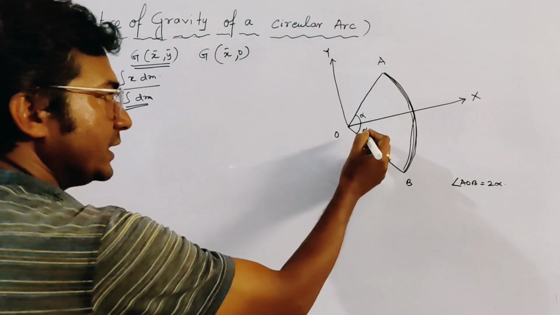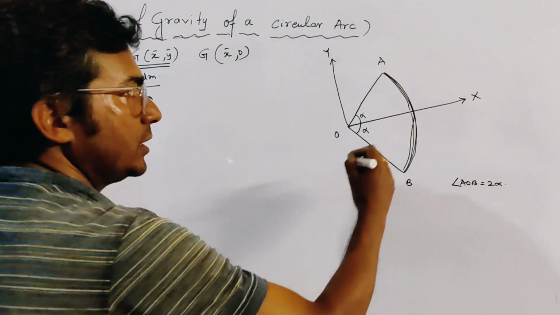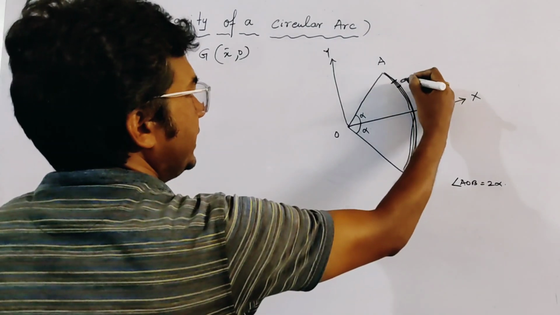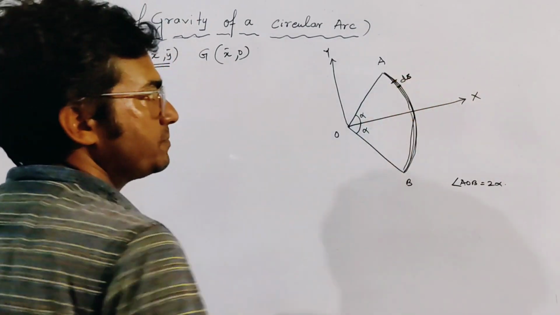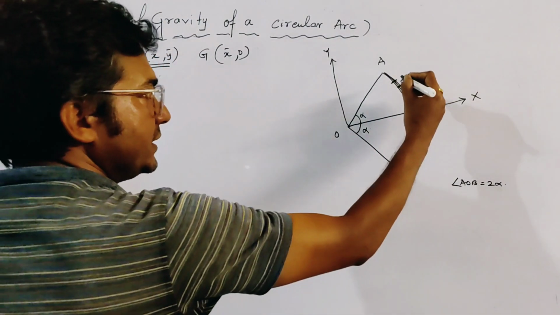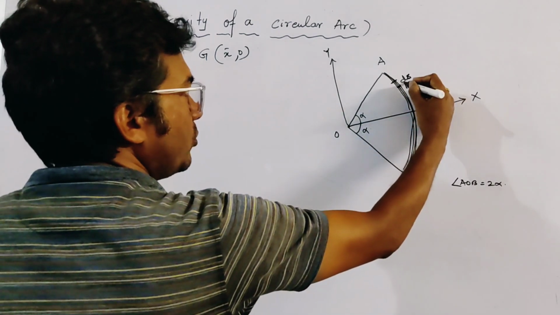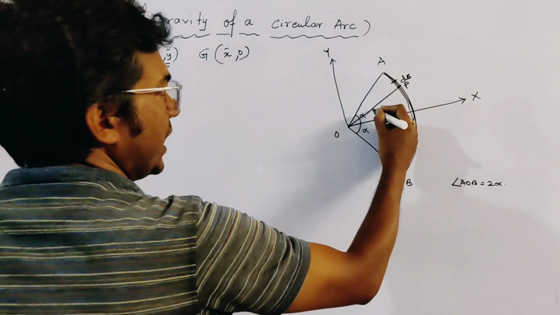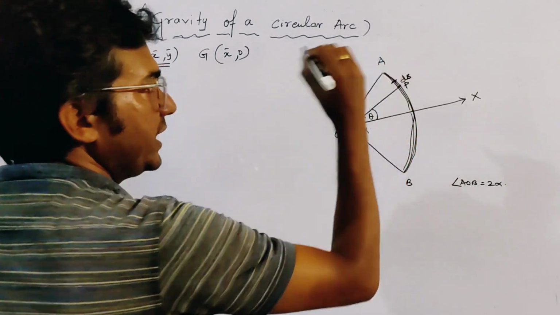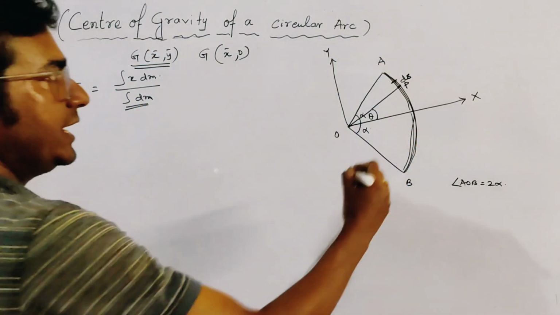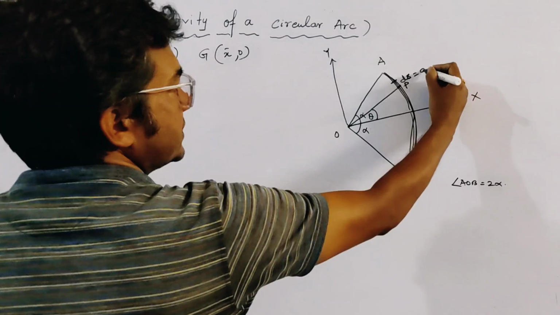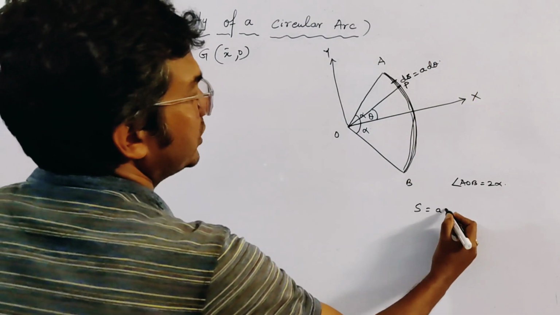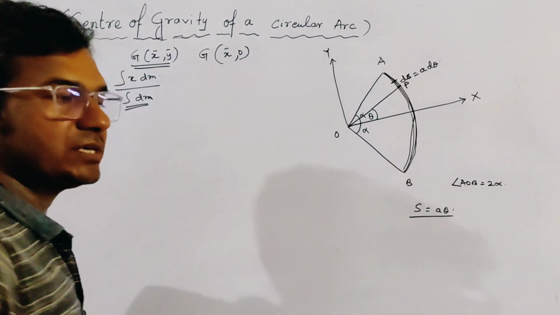Here we take an elementary arc. Let it be ds. If this is the point P and it makes angle theta with the x-axis, then ds is equal to a d theta, because for a circle the arc is equal to a theta, where a is the radius of the circle.